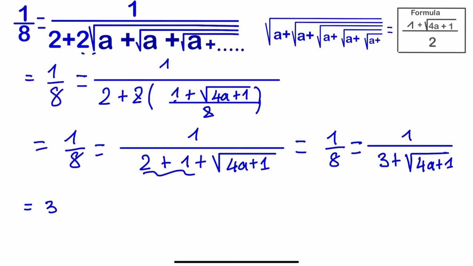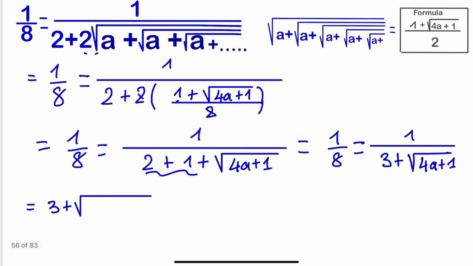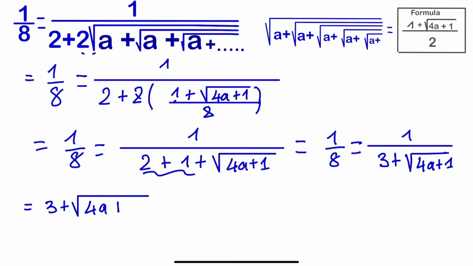3 plus the square root of 4a plus 1 should be equal to 1 times 8, which gives us 8. We can take this plus 3; when it crosses the equal sign, it becomes minus.